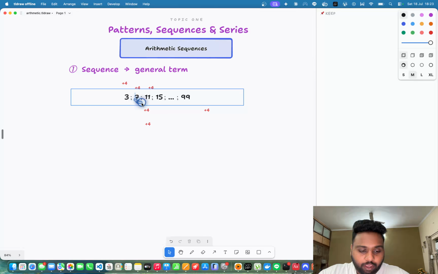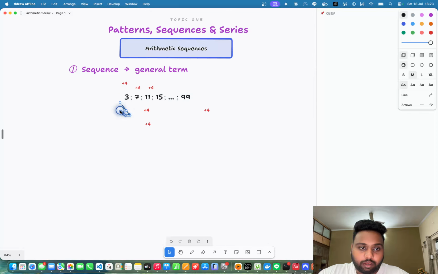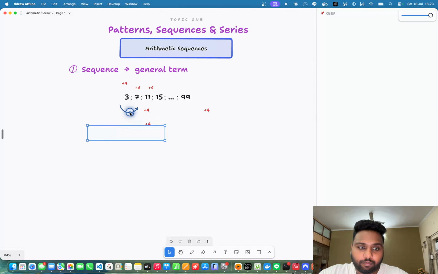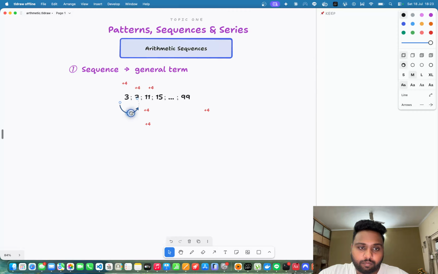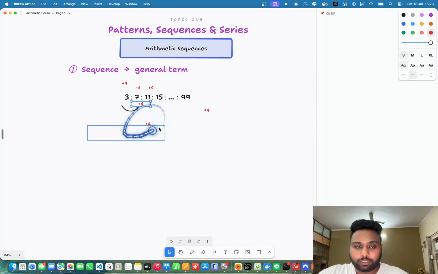I can even show you, the difference between these two is 4, and so on and so forth. So every time the difference just remains constant. This is what we call an arithmetic sequence.